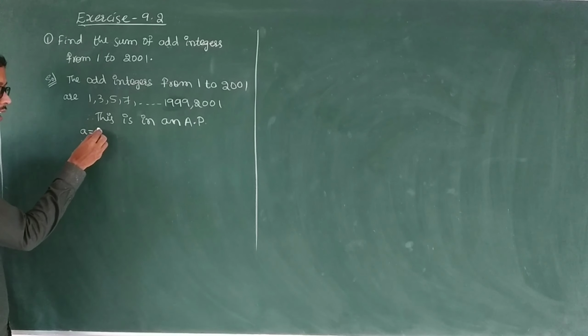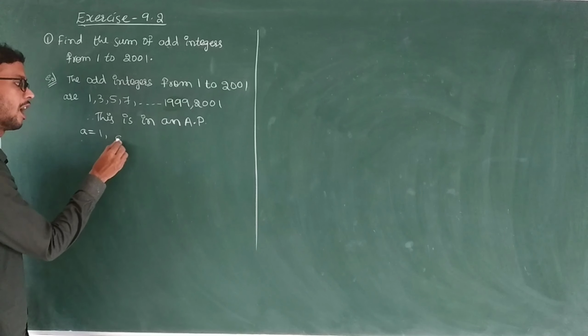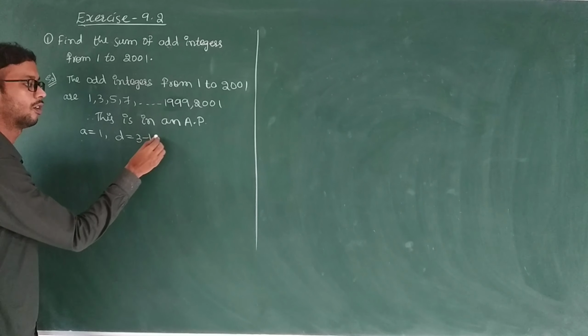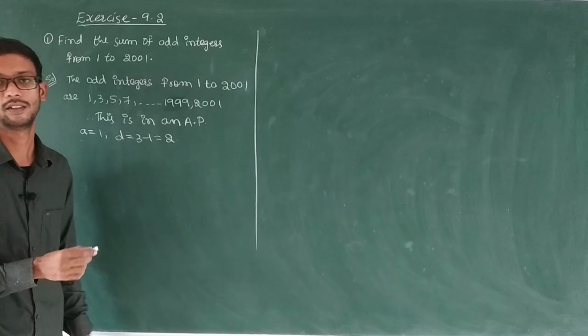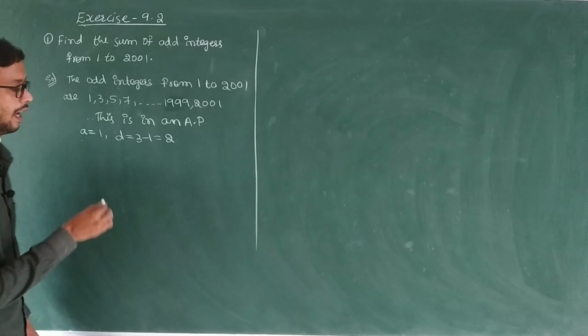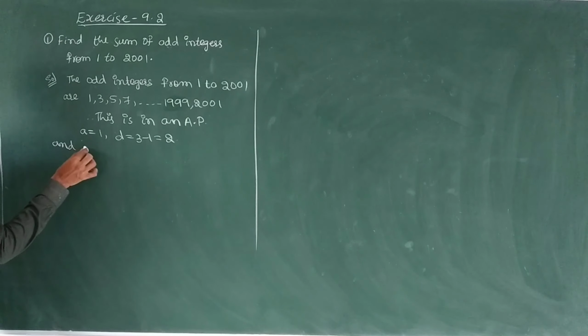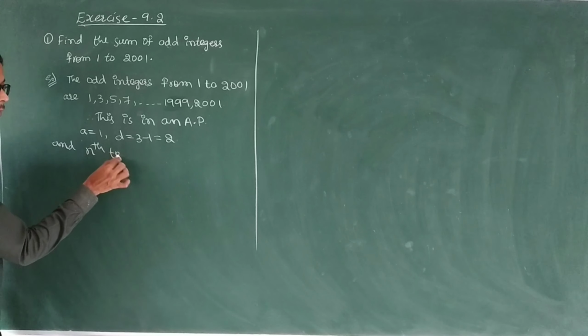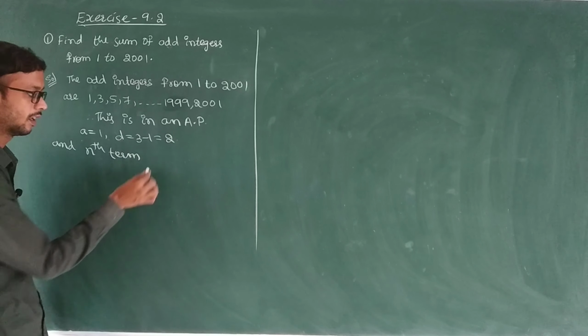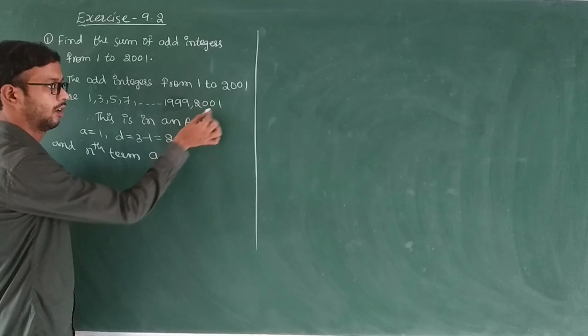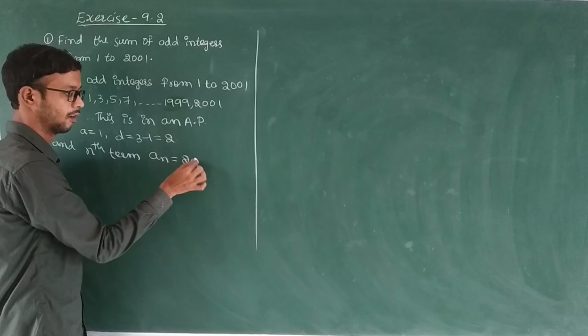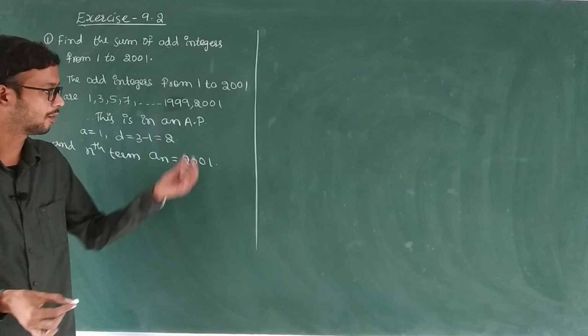What is a here? 1. Common difference d is 3 minus 1, that is 2. And the nth term an is 2001; which term, we don't know.